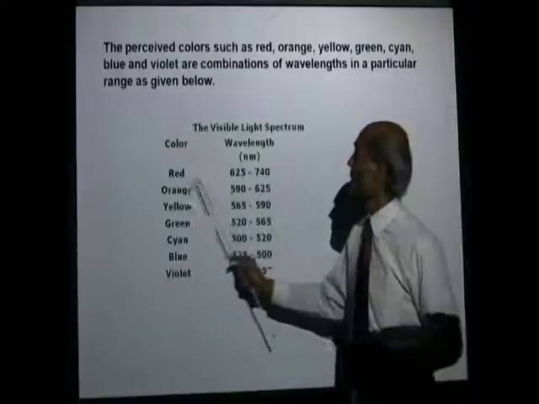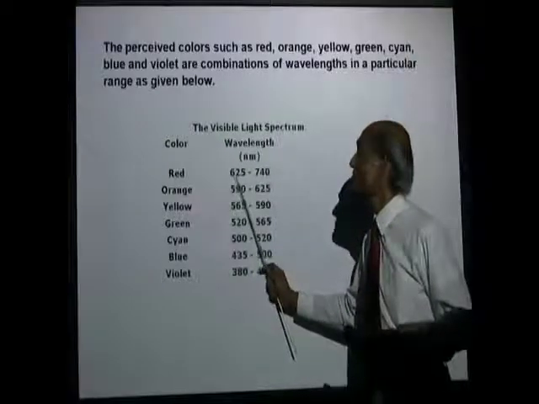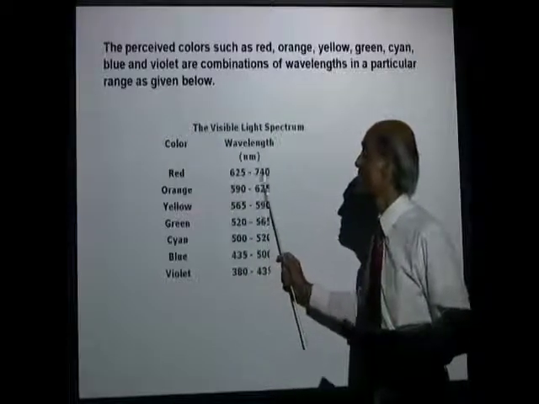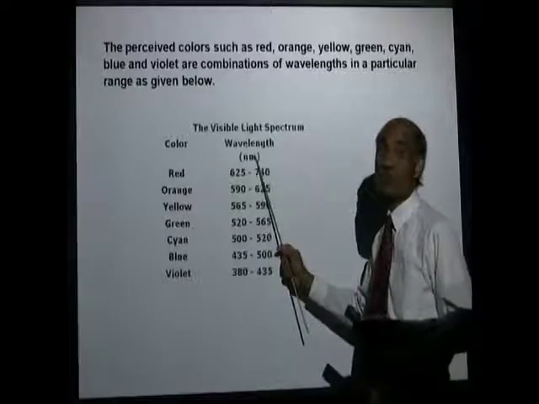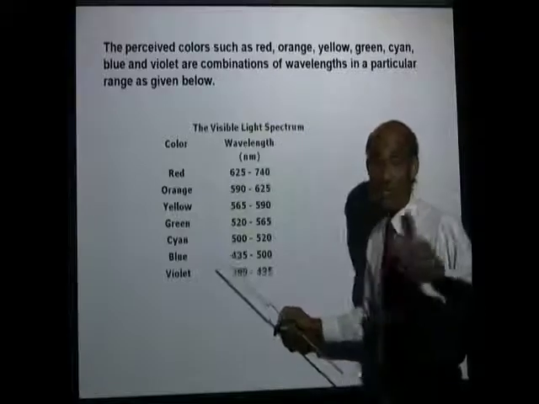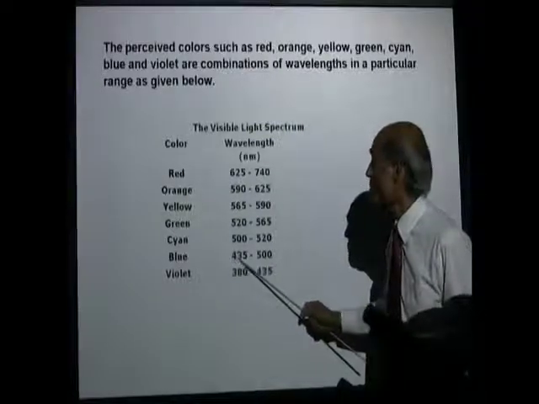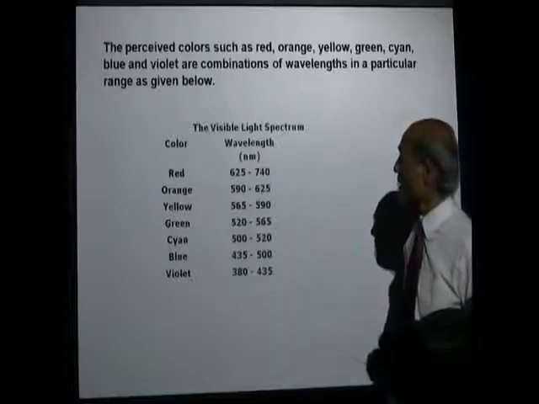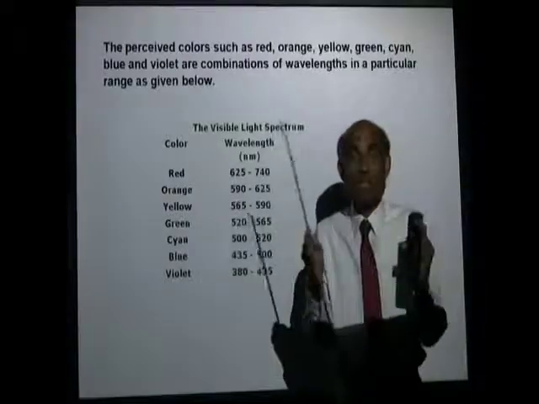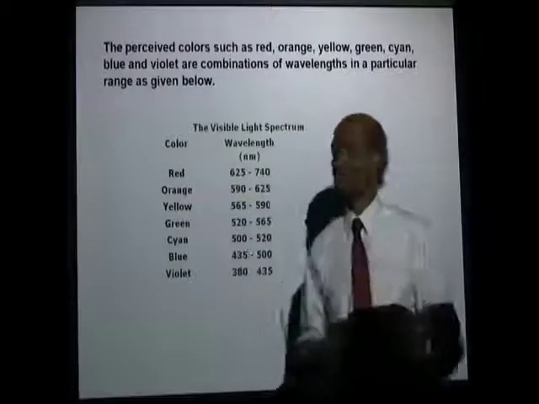For example, red is a combination of wavelengths from 625 to 740 nanometers. The blue that we normally see is a combination of wavelengths that range from 435 to 500 nanometers, so it's a combination of about 65 different wavelengths.